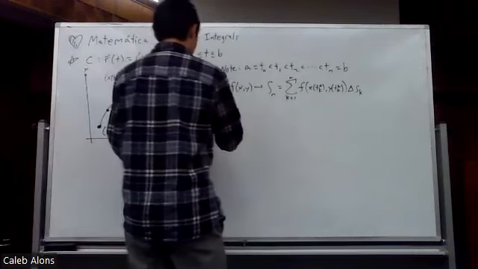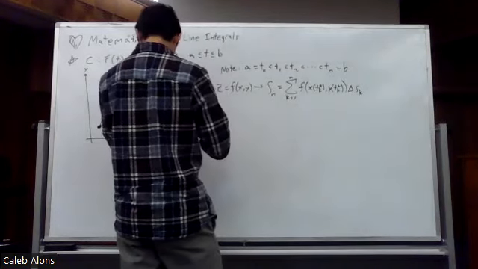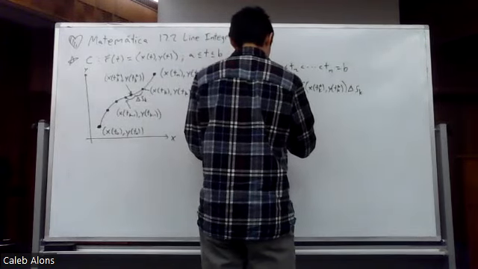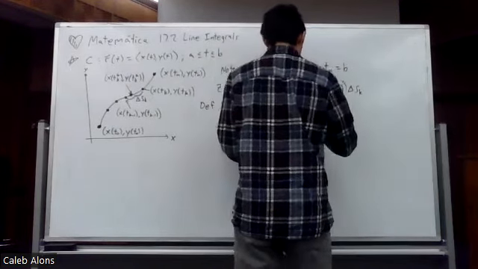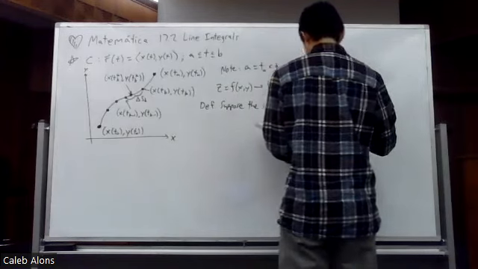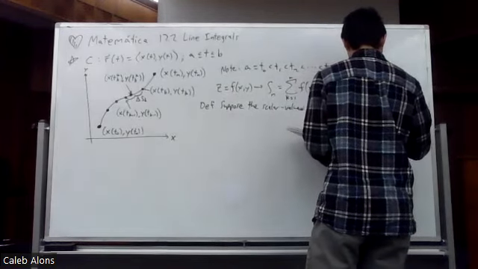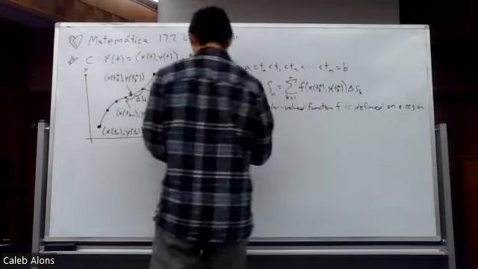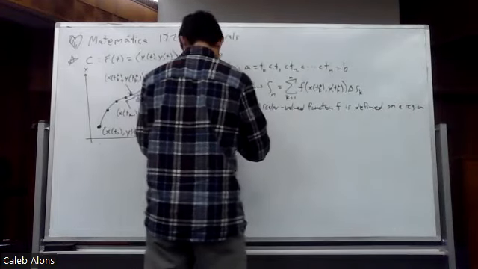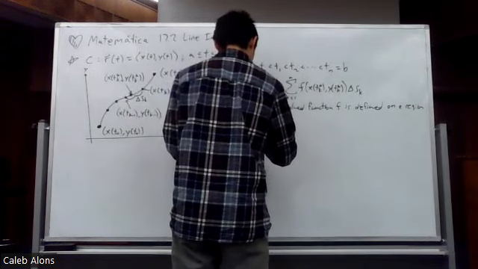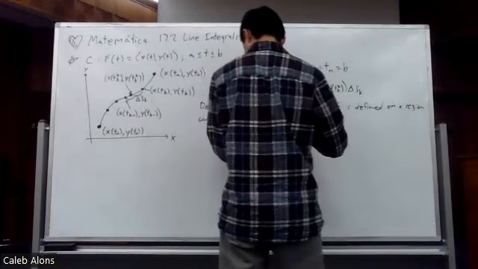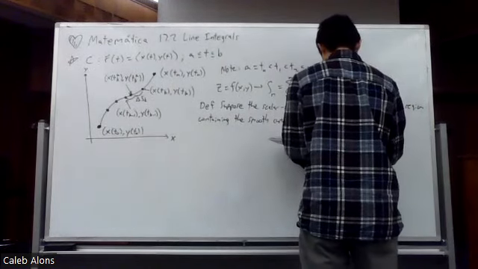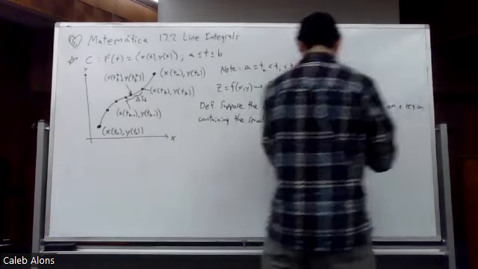So from here, we're going to get our definition. It'll be: suppose the scalar value function f is defined on a region containing the smooth curve C, which is given by the vector value function R of t is x of t, y of t, that vector.